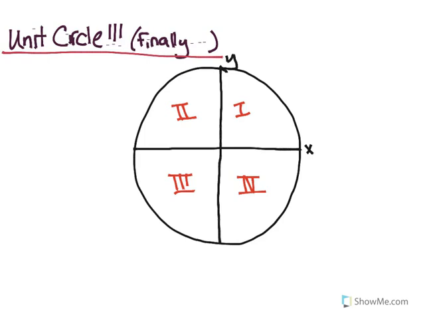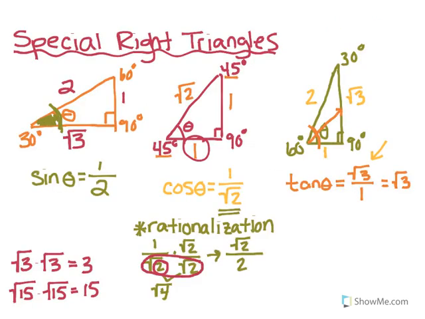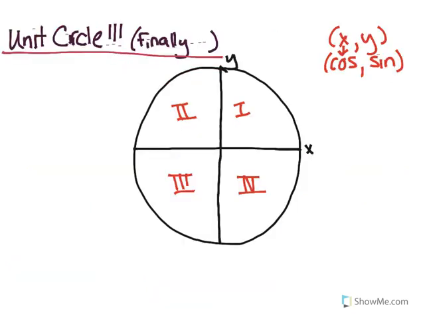Instead of our x-axis being represented by an x, in the unit circle, all of the x values in a coordinate, for example, like this, x, y, is actually instead cosine, sine. So all of the x values that you're going to see in every coordinate represent a cosine value from these right triangles. And all of the y values that you see are going to be sine values, all the sine values that we got on the previous screen as well.